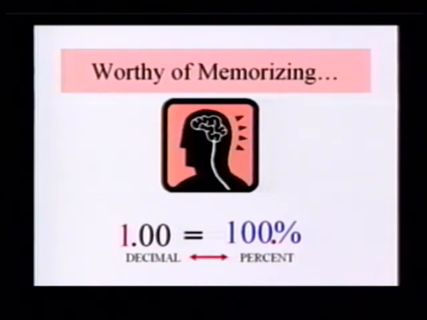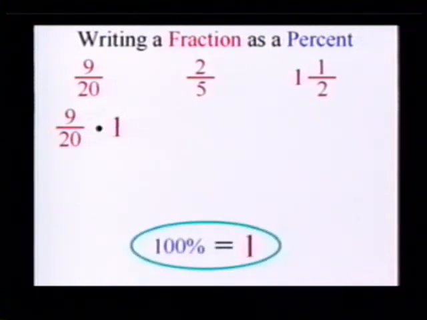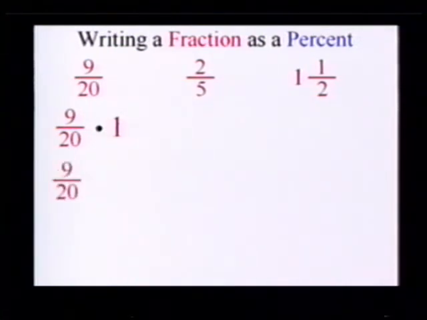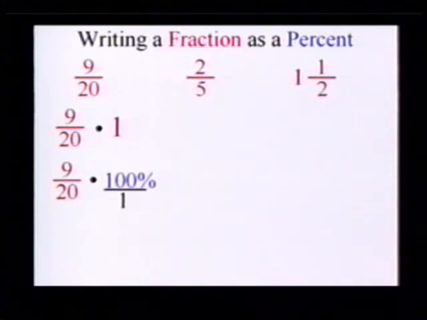Okay, one more conversion. A fraction as a percent. Let's play. Here we go. Basically, we just multiplied by 1. Or, remember what I told you what 1 was? That's the fact, Jack! 100%. So, we multiplied by 100%. Sometimes we had to reduce, and we had to consider that 100% is 100% over 1.